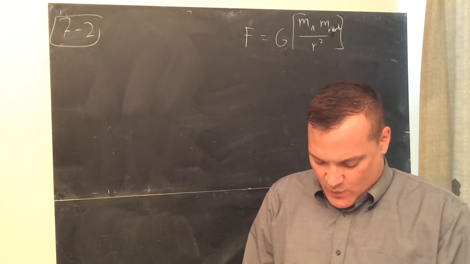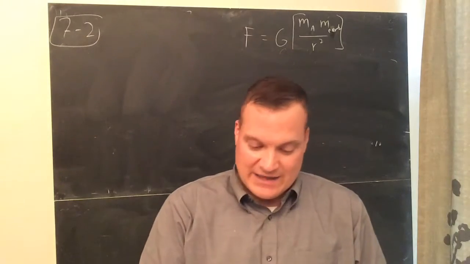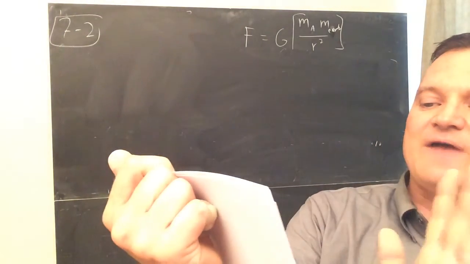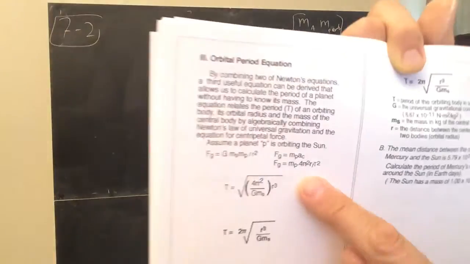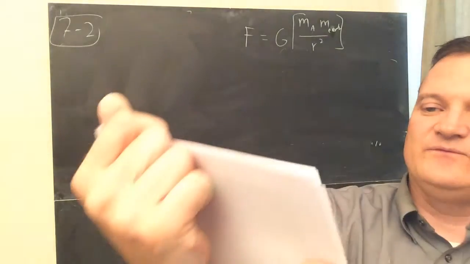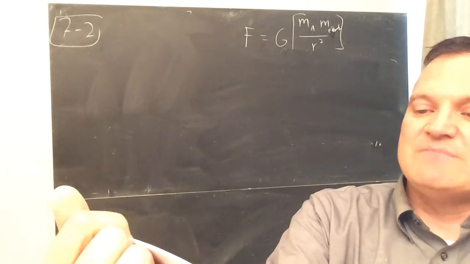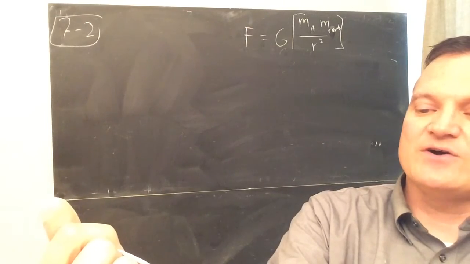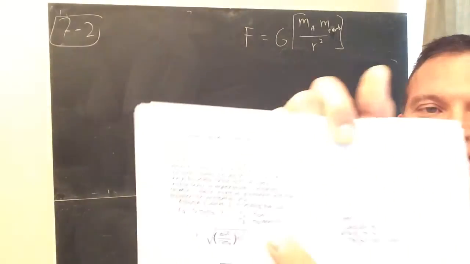But there are a couple of equations that can be derived. And one of them is they combine. You don't have to worry about doing this, but you might recognize this as the centripetal force equation. Remember the mass, and it says 4 pi squared r over period squared, T squared.